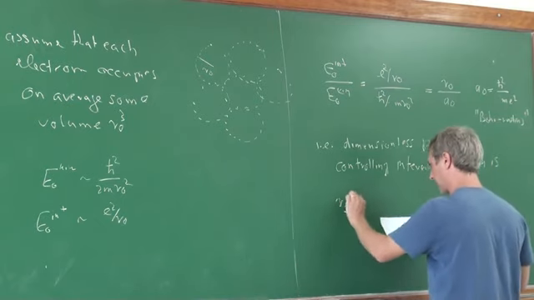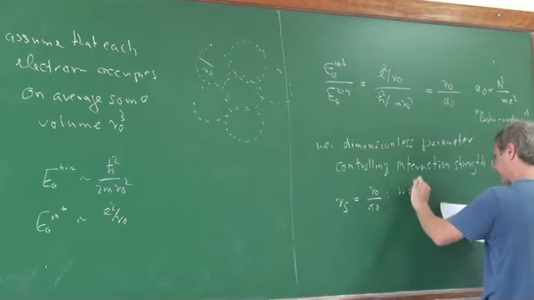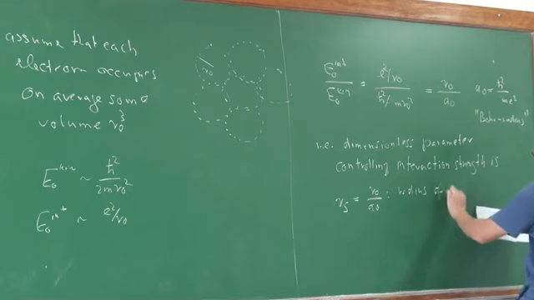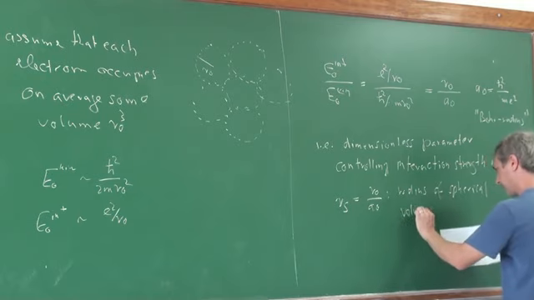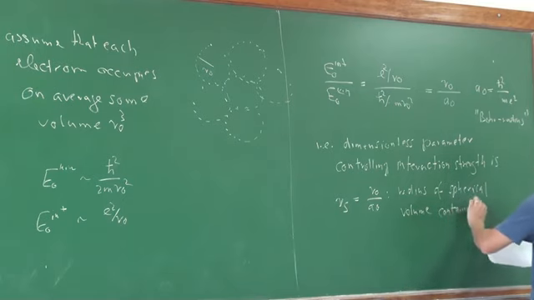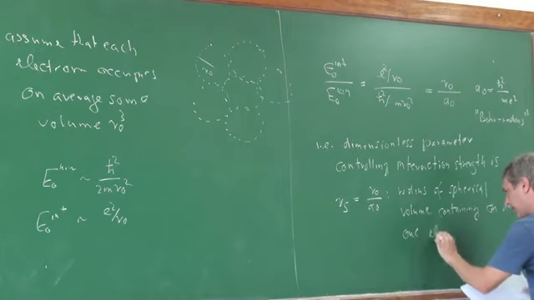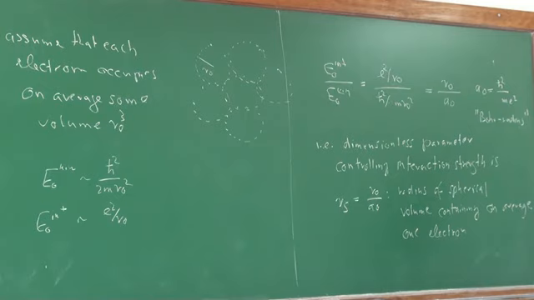This is also called rs, which is the radius of the spherical volume containing on average one electron, and this radius is measured in natural units, which is the only combination you can arrive at to get some length scale from the parameters of the problem.